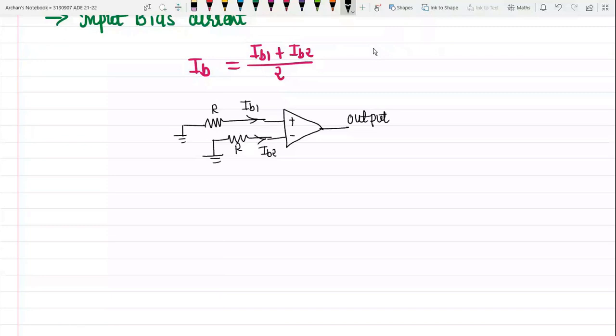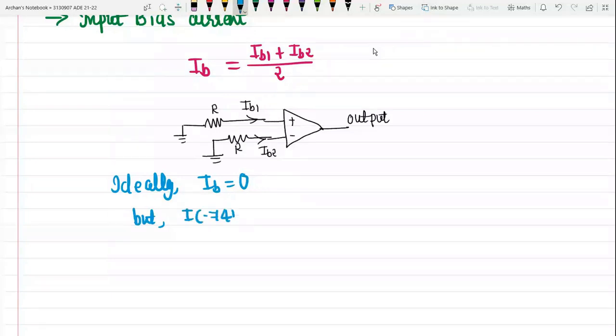Now talking about the ideal values, the ideal value of bias current must be equal to 0. But practically there must be some value of IB, and in the case of IC 741, the maximum value of bias current is around 500 nanoamperes. Now see the difference.